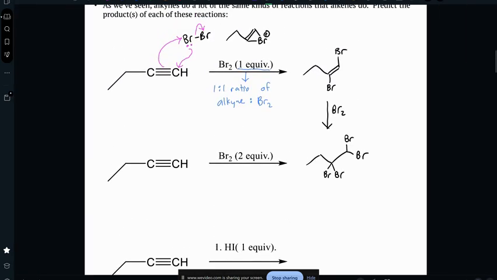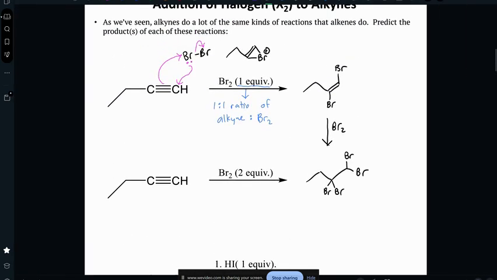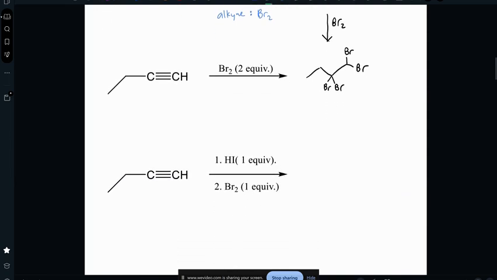So in other words, the alkyne just does what the alkene does, but it can do it twice. These aren't synthetically all that useful reactions, so I don't want you to spend a whole lot of brain space on these. Just know that alkynes do a lot of similar things to alkenes.